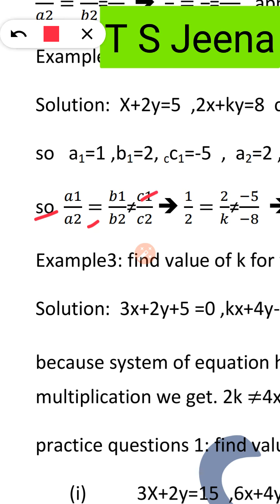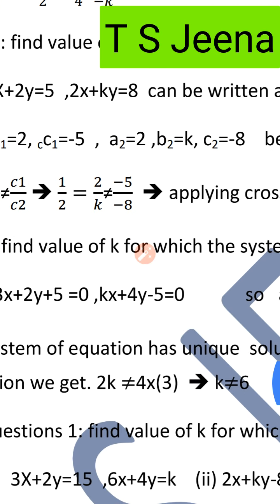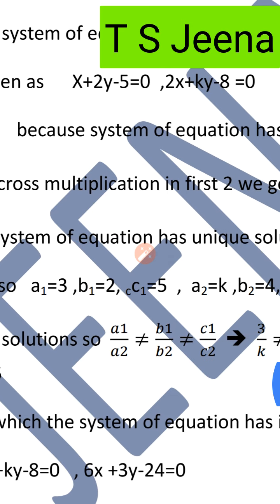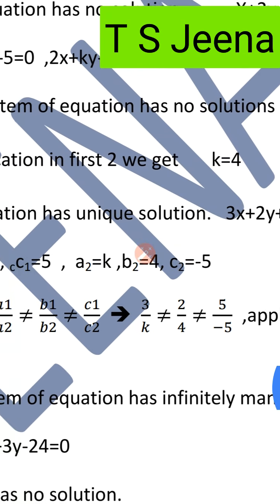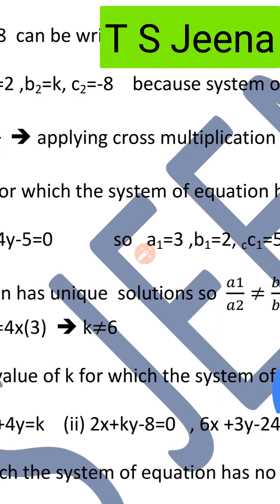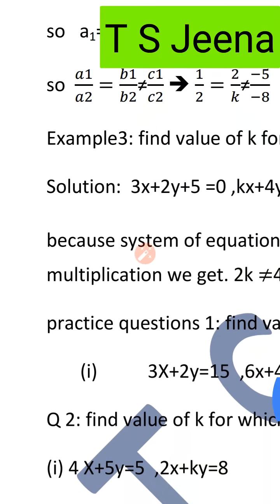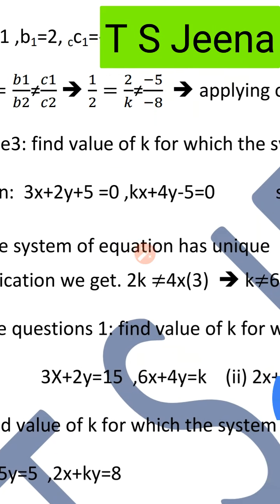So a1 upon a2 is 1 upon 2 here, substituting in the formula. b1 upon b2 is 2 upon k, and c1 upon c2 is minus 5 upon minus 8. On simplification, applying cross multiplication in the first two parts, we get k equal to 4 here. Under this condition, the value of k is 4 when there is no solution.